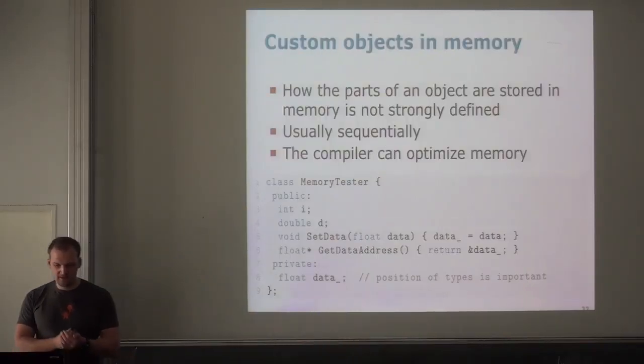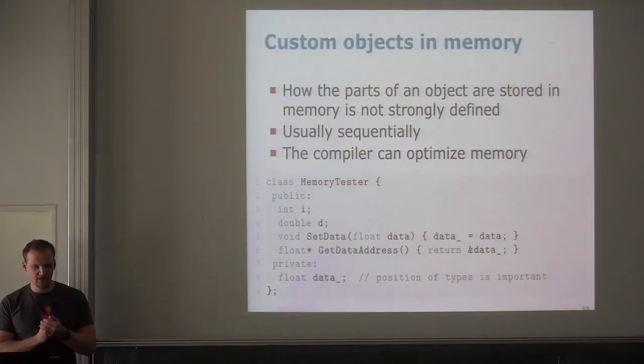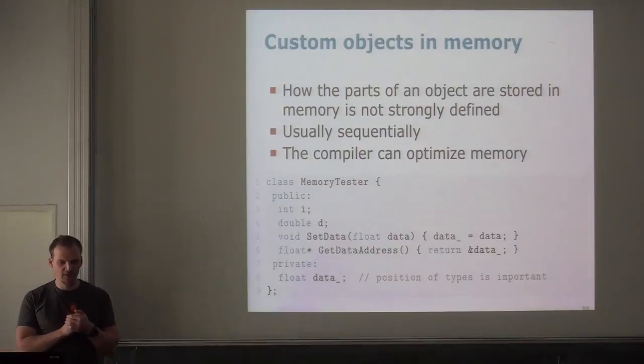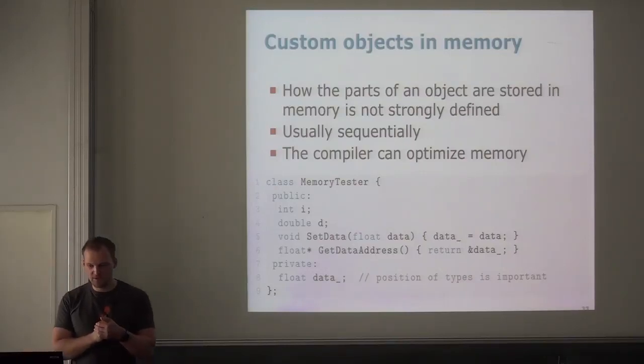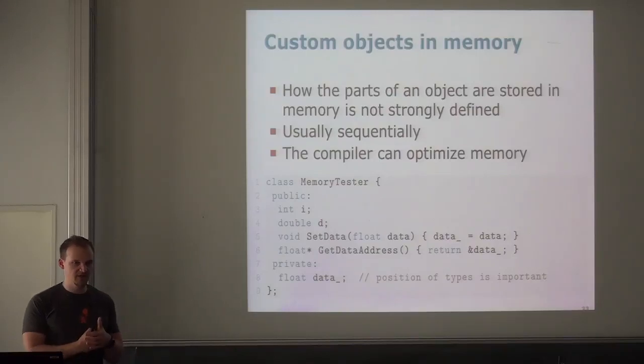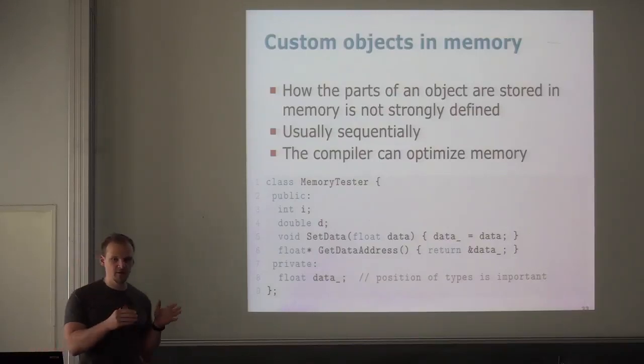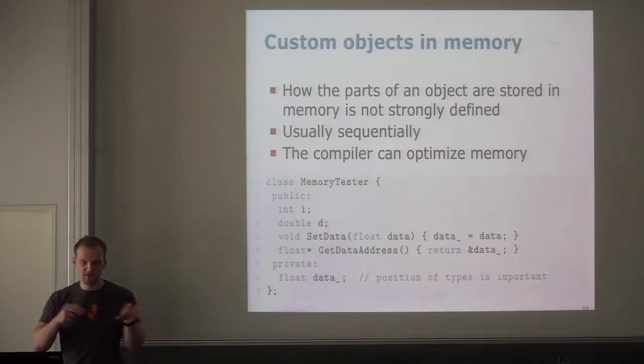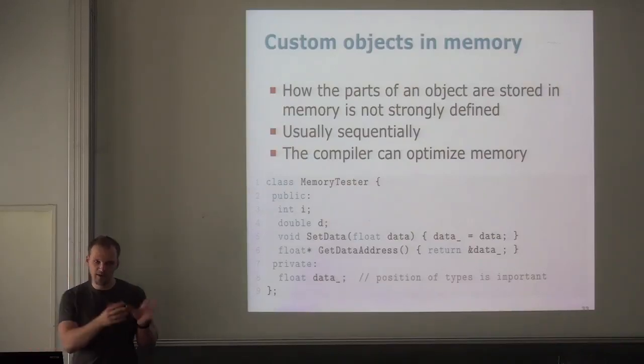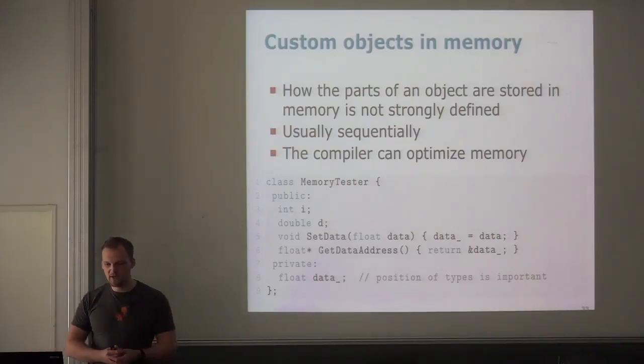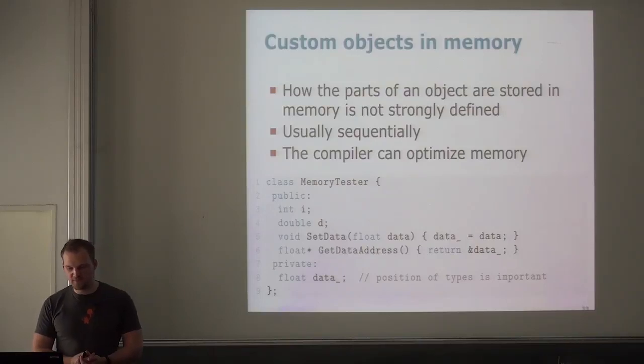And the last thing that I want to tell you about is how custom objects are stored in memory. It's not guaranteed how the compiler will do it. It can move things around and pack them in memory the way it wants to when it tries to optimize things.